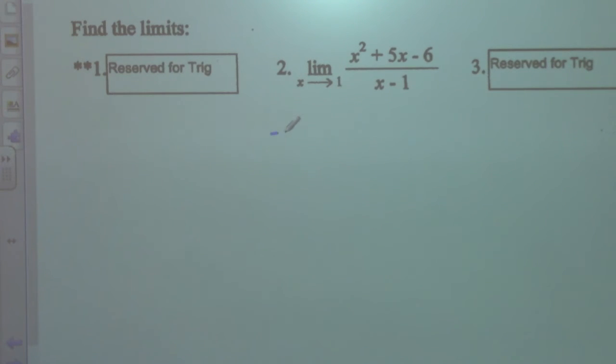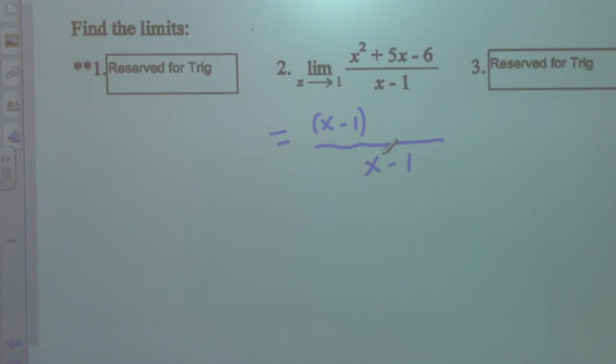So let's try to factor and cancel. If we're able to cancel, what is one of the factors going to have to be? One of these factors has to be x minus 1, because that's the only way we could possibly get 0 over 0.